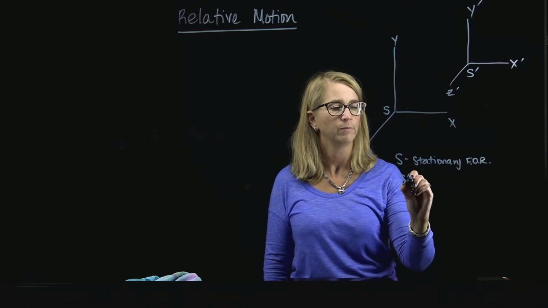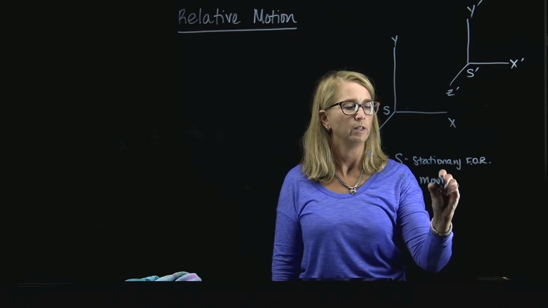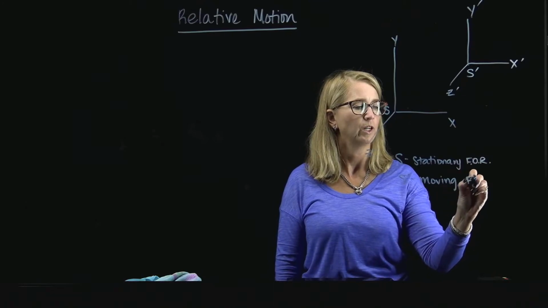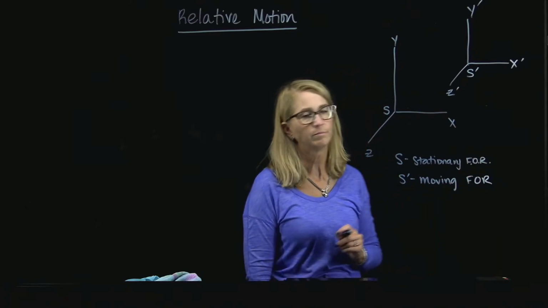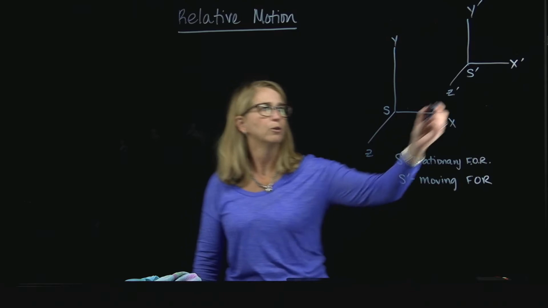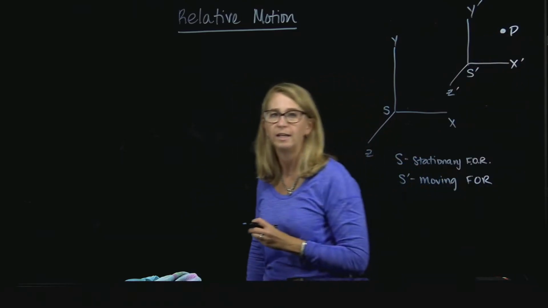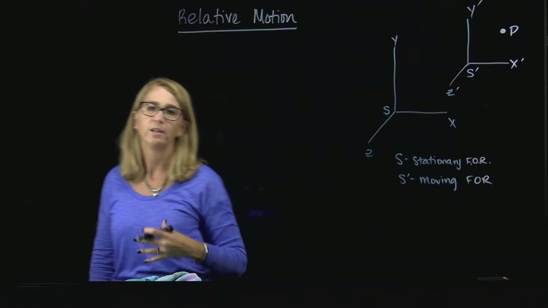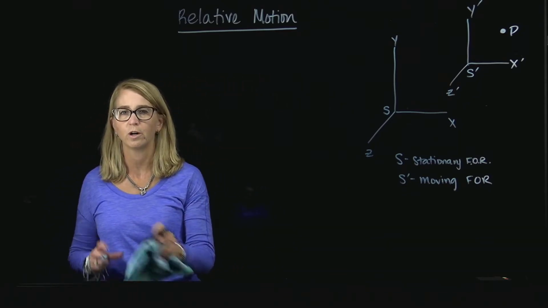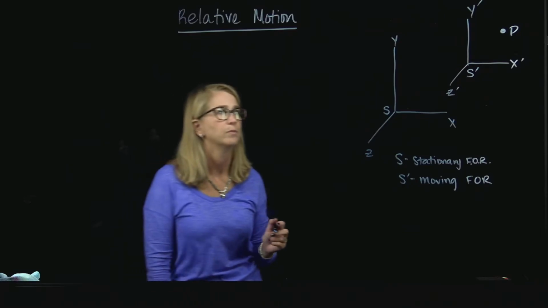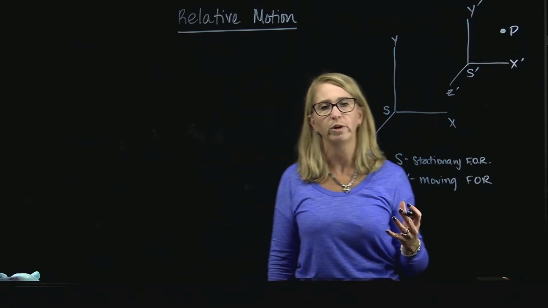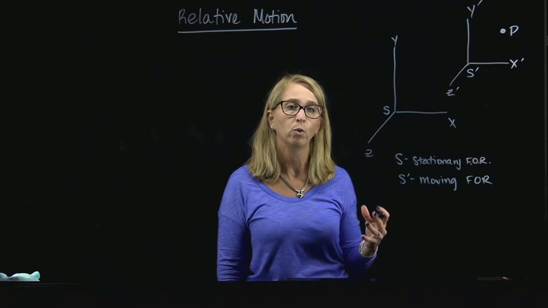And S prime is the moving frame of reference. Now we're going to locate a point P. So right now we're going to look at positions, and then from that get a relationship for relative motion.